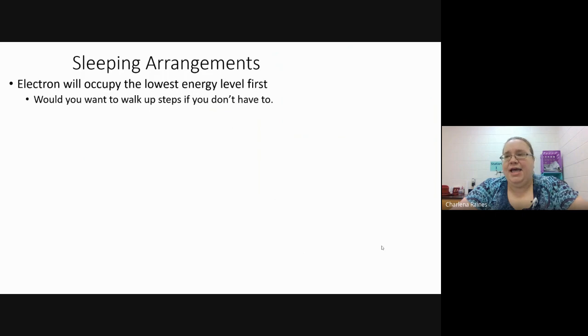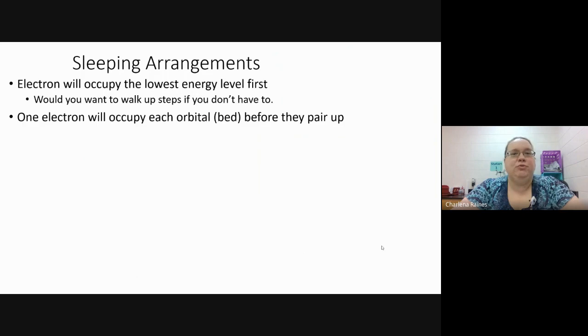So if you think of it as electrons being lazy humans, I always love using the analogy of a lazy teenager. So picture somebody you know who is really, really lazy, and make them even worse. And then you've got the motivation of an electron. So electrons aren't going to go to another energy level unless they absolutely have to. They don't have the energy to do it naturally, so they're going to go in the lowest possible place.